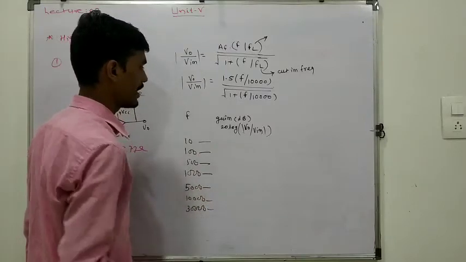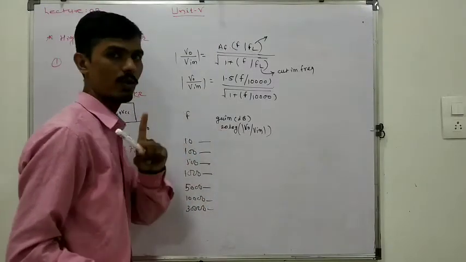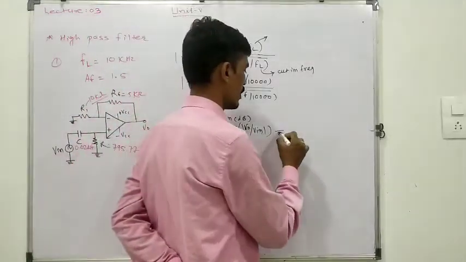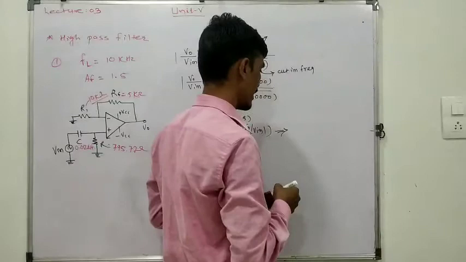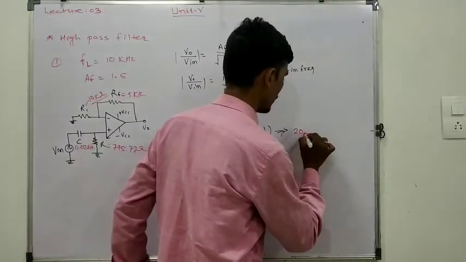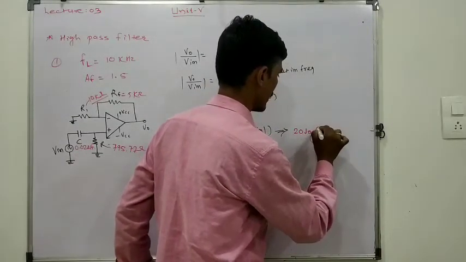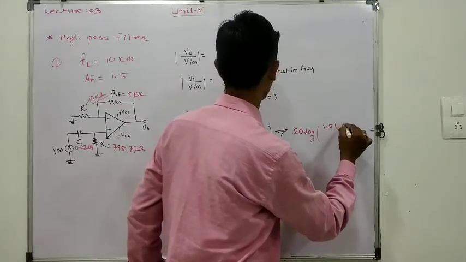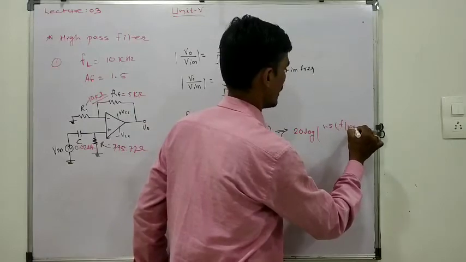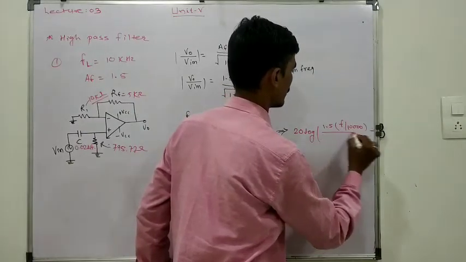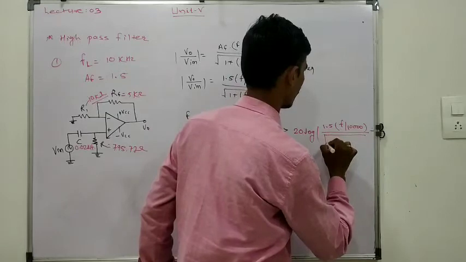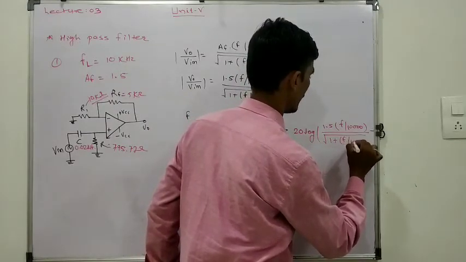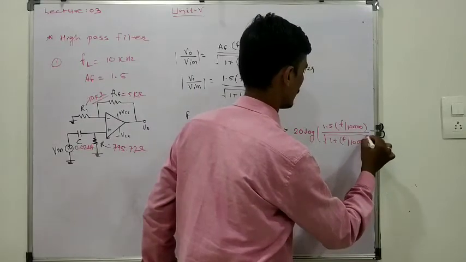Now when we calculate the gain in decibel, we have to set a formula. In the calculator we have to set the formula like this: 20 log of 1.5 multiplied by F by 10,000 divided by the square root of 1 plus F divided by 10,000.